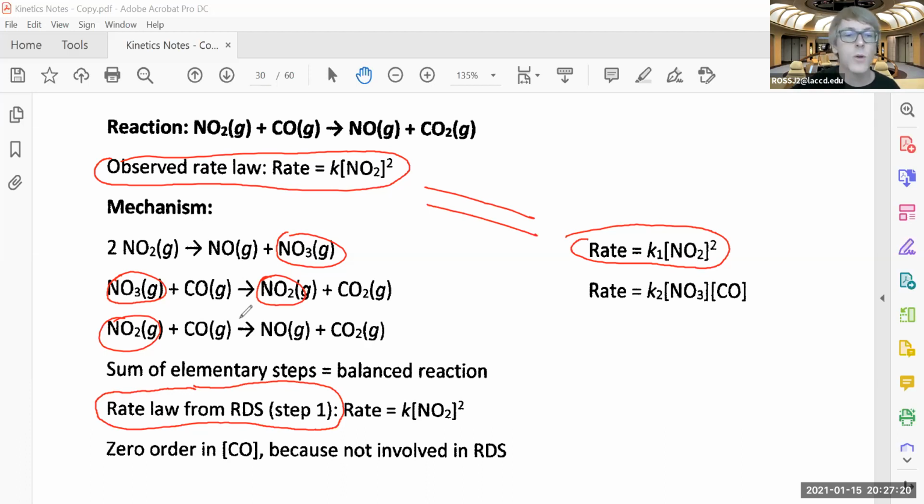In addition, like we looked at in our previous video, I think the one immediately previous to this one, 0 order. So if we say that the reaction is 0 order in CO, that means that as long as we don't have a 0 amount, as long as we have a non-zero amount of something that's 0 order, any further amount or fluctuation in the amount won't change the rate determining step.